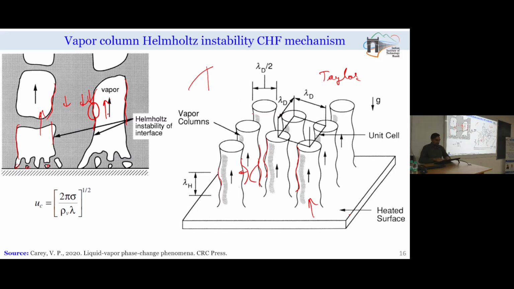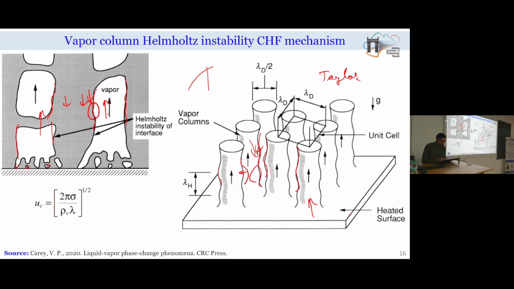But if this instability grows, then what will happen? If two vapor chunks are joining each other, water will not get sufficient area through which it can penetrate to the heater surface, and in the meantime the entire heater surface will be blanketed by the vapor medium. So, we need to define that.